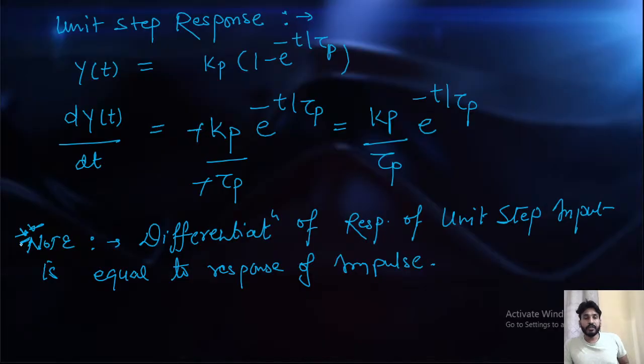As I already told you, the impulse function is basically used as a mathematical aid instead of a practical problem. So if I have an idea about the impulse response, then from that I can calculate what will happen if my unit step input hits that system, by just differentiating, because these two responses are connected to each other.